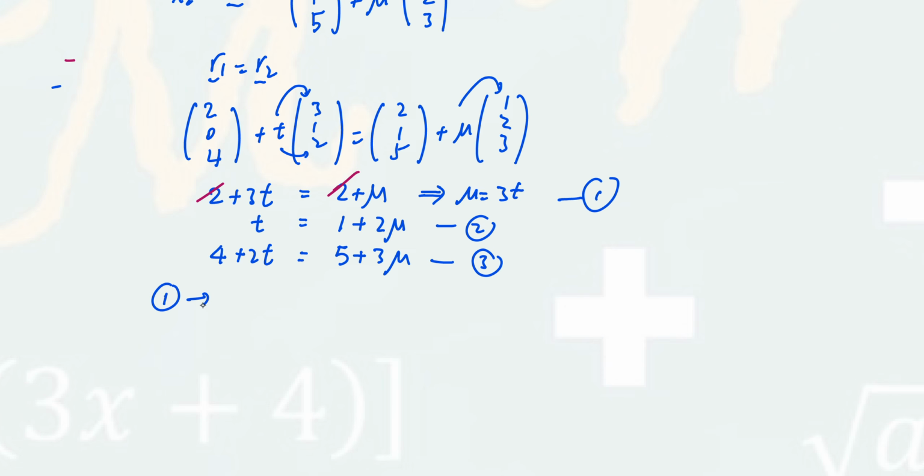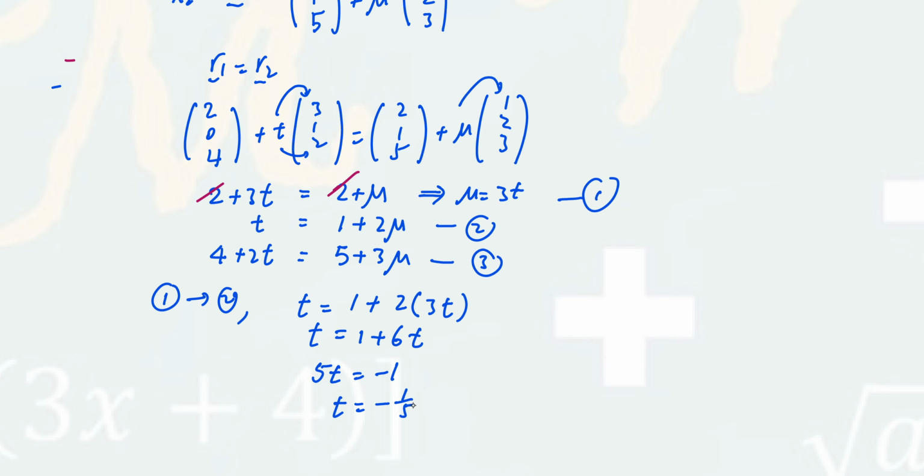So I substitute the first into the second equation. Therefore, left side is t, right side 1 plus 2 of the mu, which is 3t. Just replace. Then you will be getting 1 plus 6t equals t. So the t group one side, 5t equals minus 1. Hence my t is negative 1 over 5.